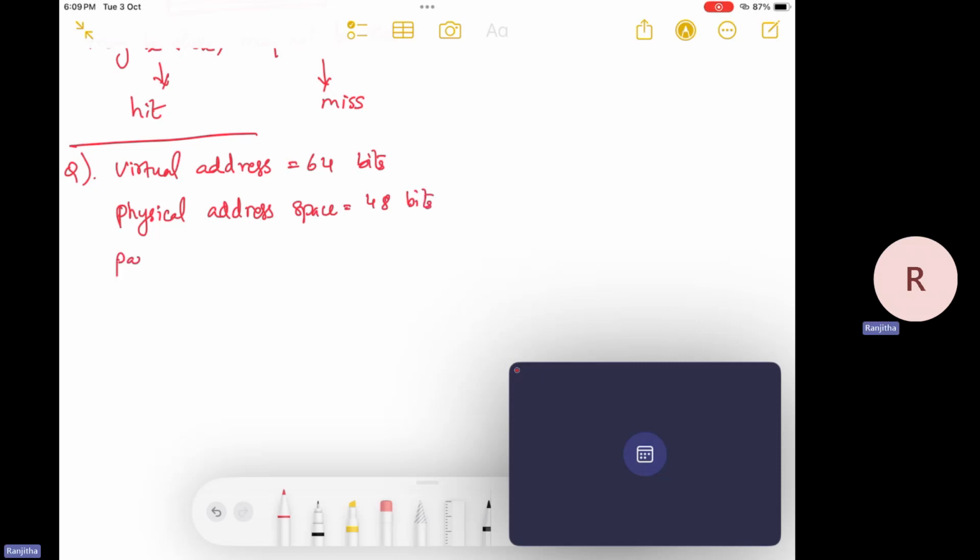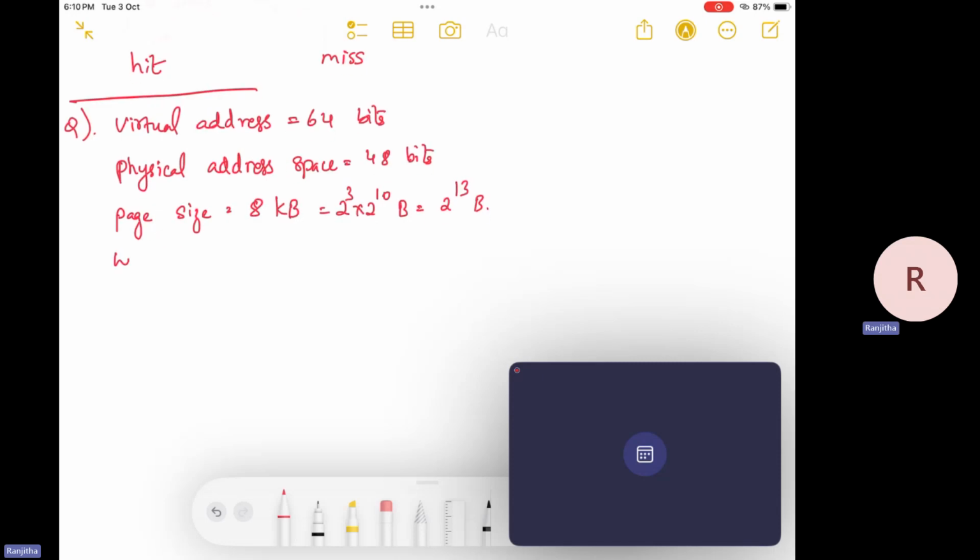Page size is given to be 8 KB. And it is told that this is word addressable.